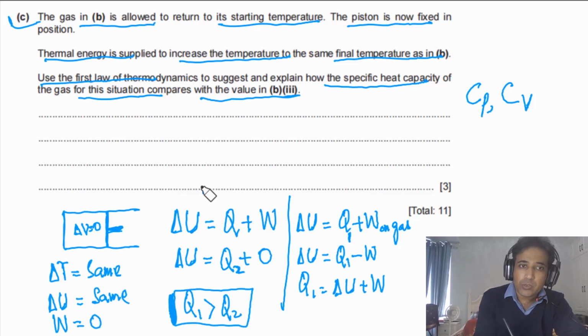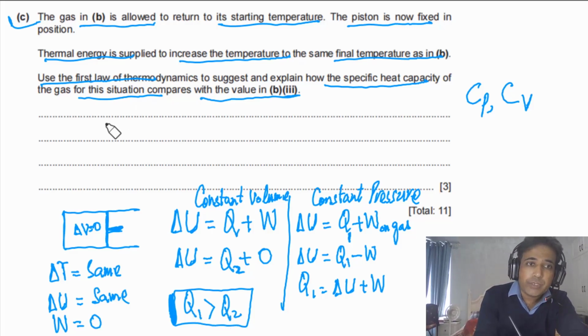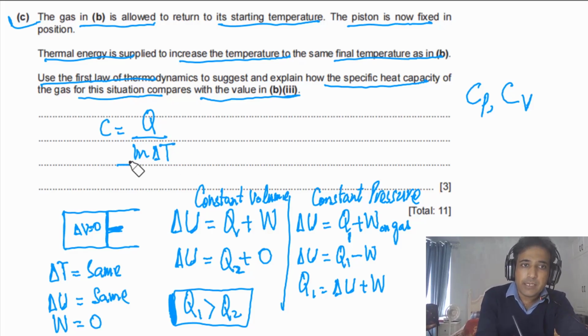This is at constant volume. And this one is taking place at constant pressure. So it means Q1 is greater than Q2. Now we can write down C. C is equal to Q over M times delta T. As in this case, M is the same, rise in temperature is the same.